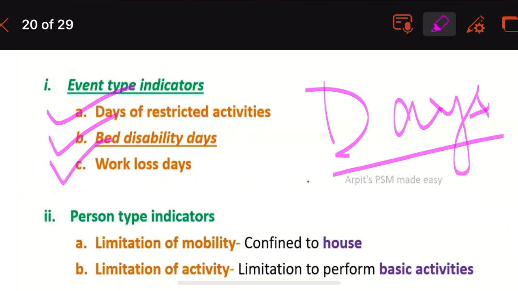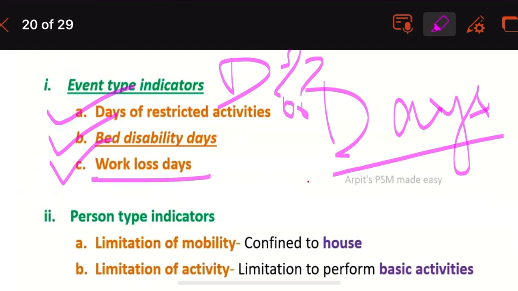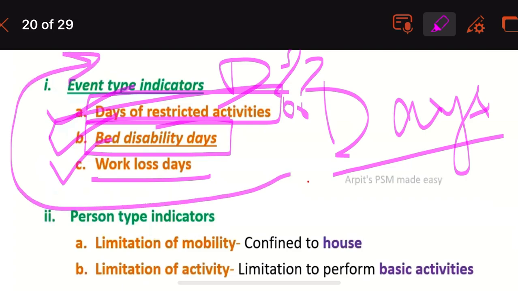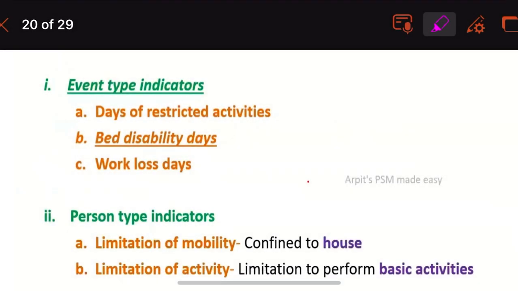Because of this disability, how many days you are absent from your work, how many days you stayed in bed, how many days the activities were restricted: these are all related to that particular event which led to the disability.